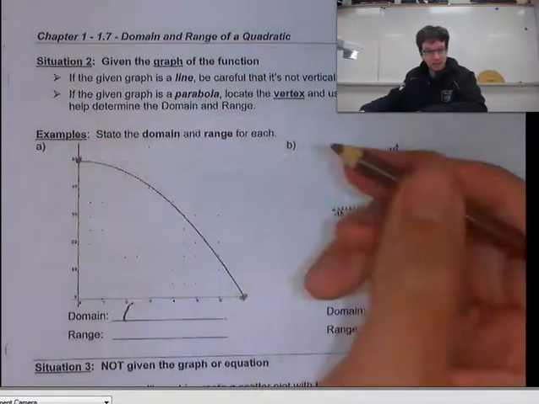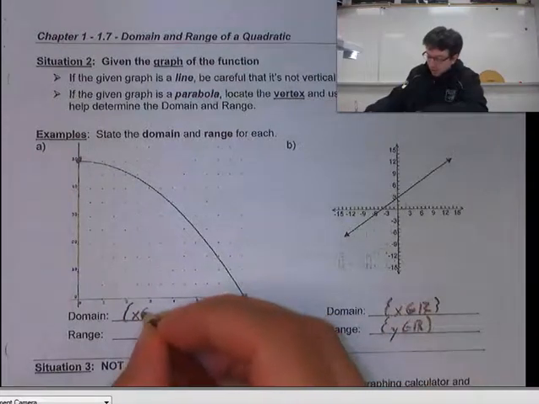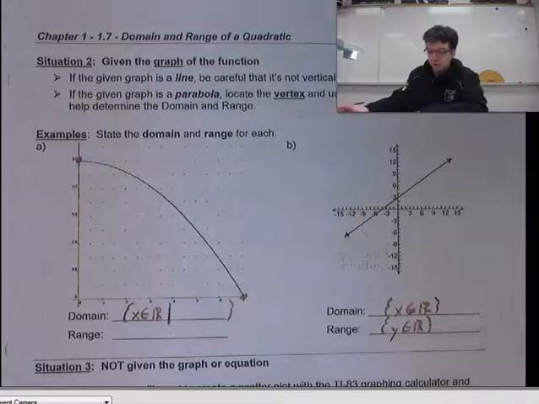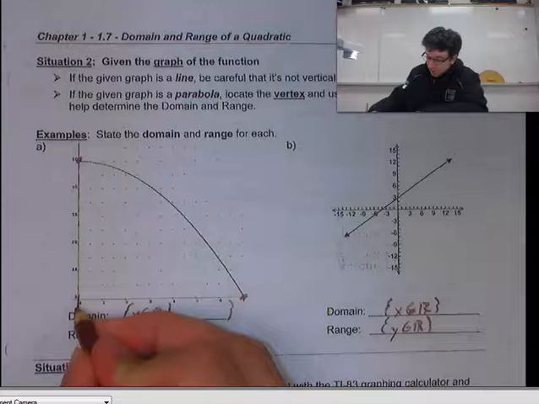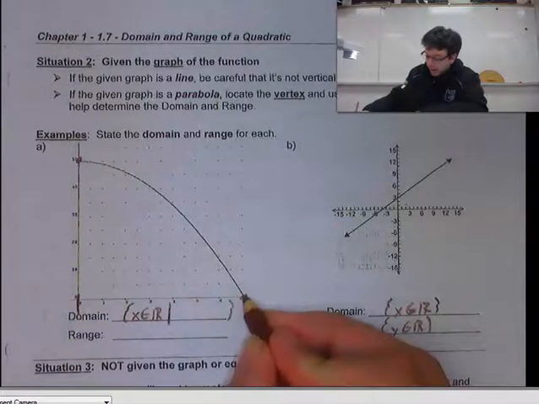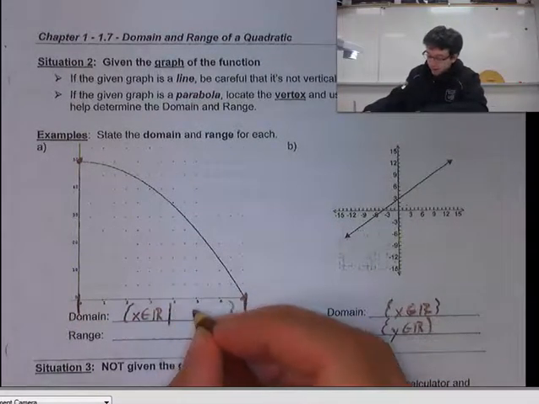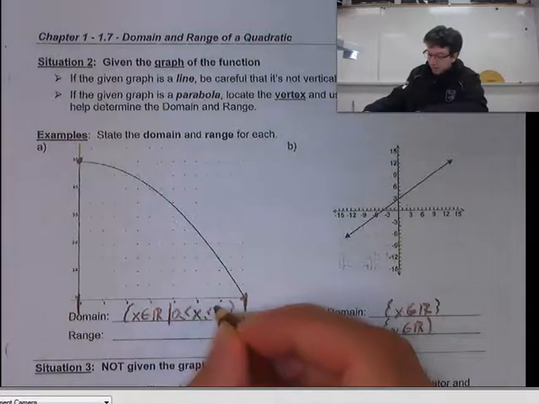It's not discrete. So we can say it exists for all real values, but we need a condition. Since the domain is our x, it looks like it's between x equals 0 and x equals 7. So we would write x is greater than or equal to 0 and less than or equal to 7.